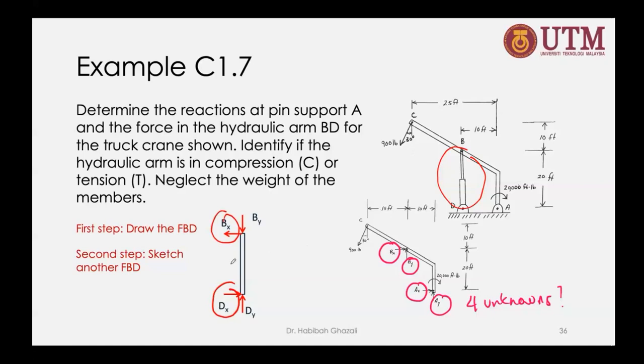So the direction that you draw in the second member must be the opposite. Don't forget that. That can get your answer wrong if you did not do that. So make sure that you draw the reaction in the other member opposite to the first one. So in this case, this member and this member.